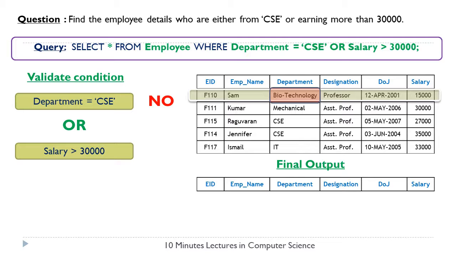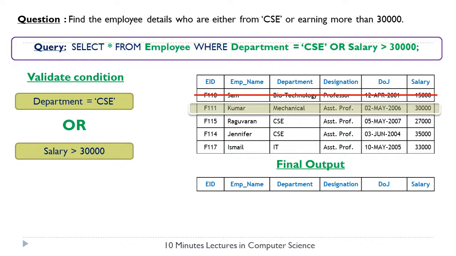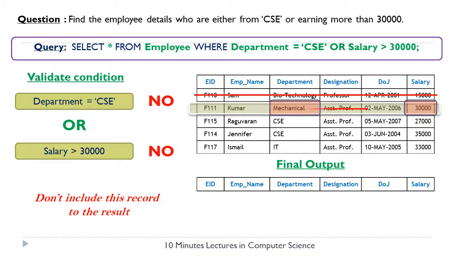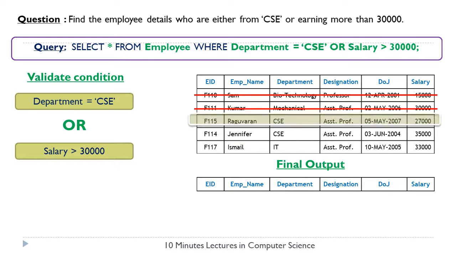So in the first record, the department is not CSC, and the salary is not greater than 30,000. Hence this record is excluded from the result set. In the second record, again the department is mechanical and the salary is equal to 30,000, which fails to satisfy the conditions. Hence it is removed as well.